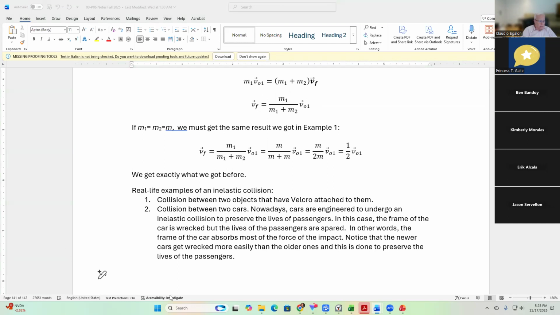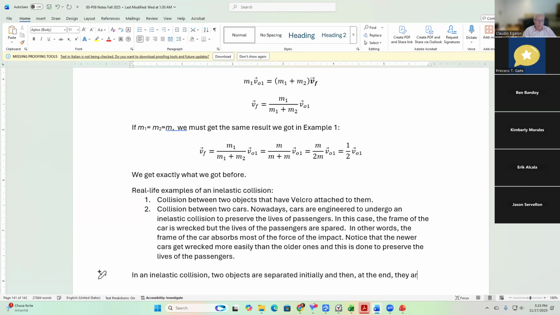And in addition, in an inelastic collision, two objects are separated initially, and then at the end they are combined, right?